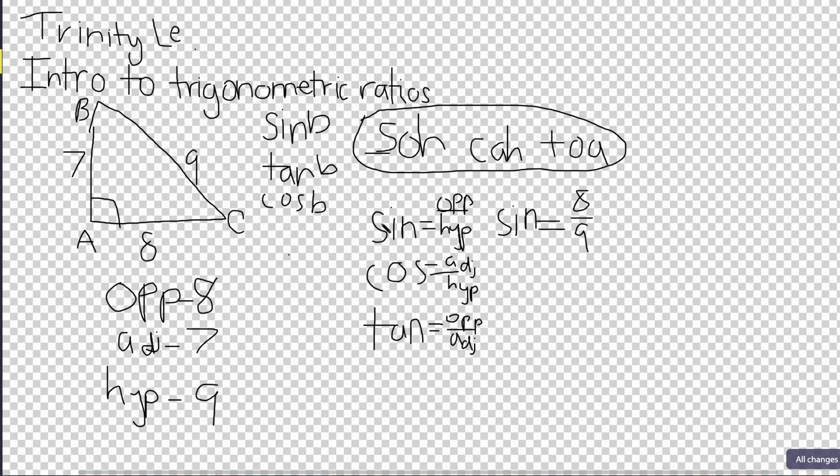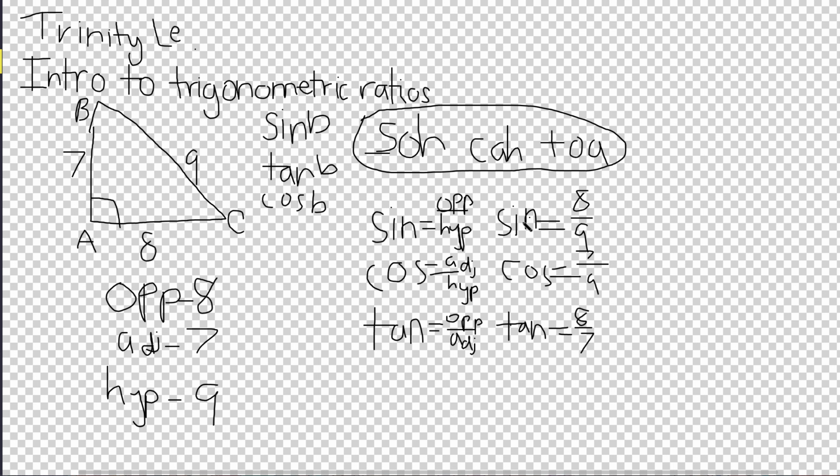Cosine is equal to adjacent. Where is adjacent? 7 over hypotenuse, which is 9. 7 over 9. And tangent, or tan, is 8 over 7.